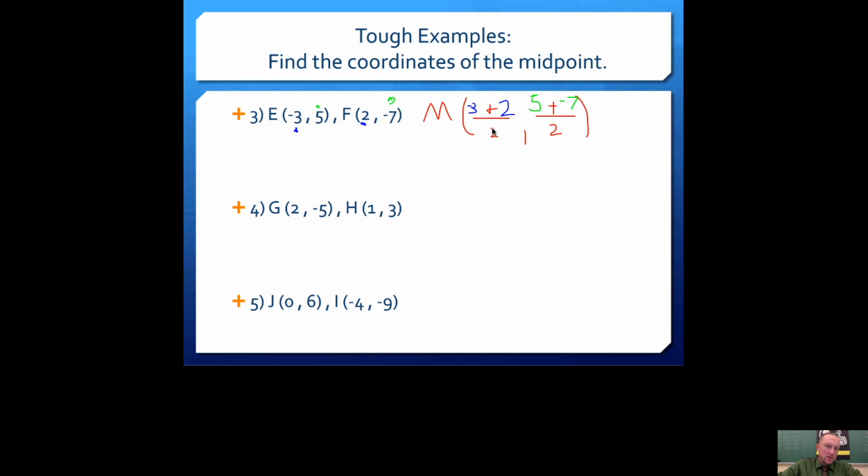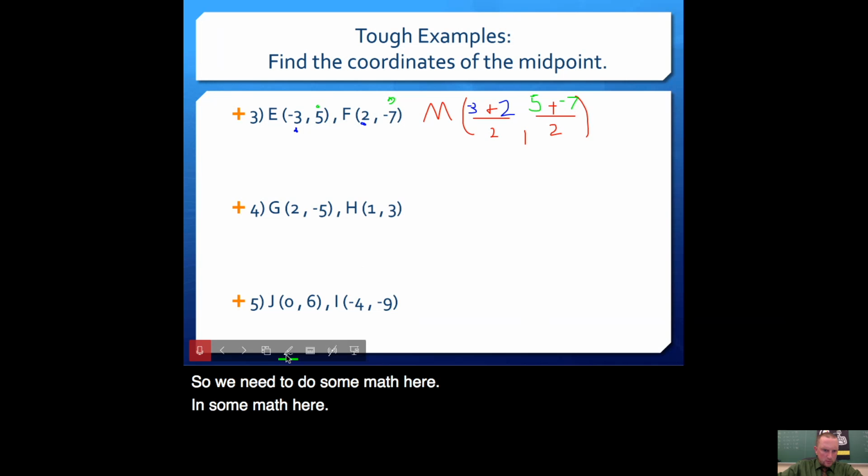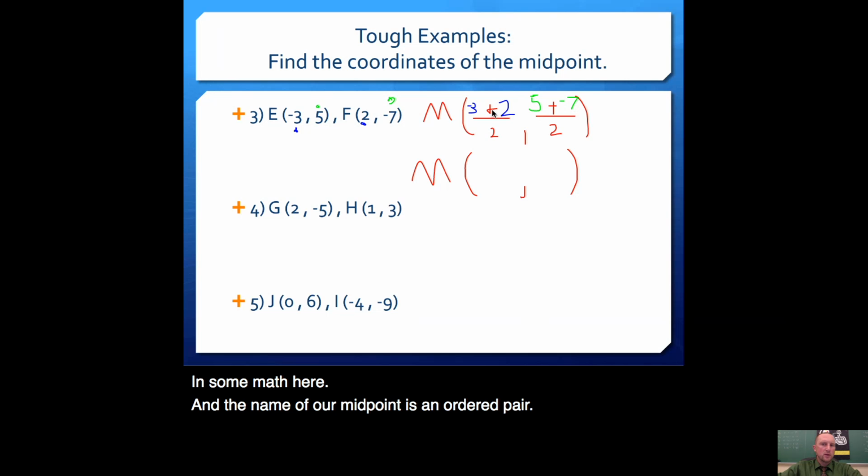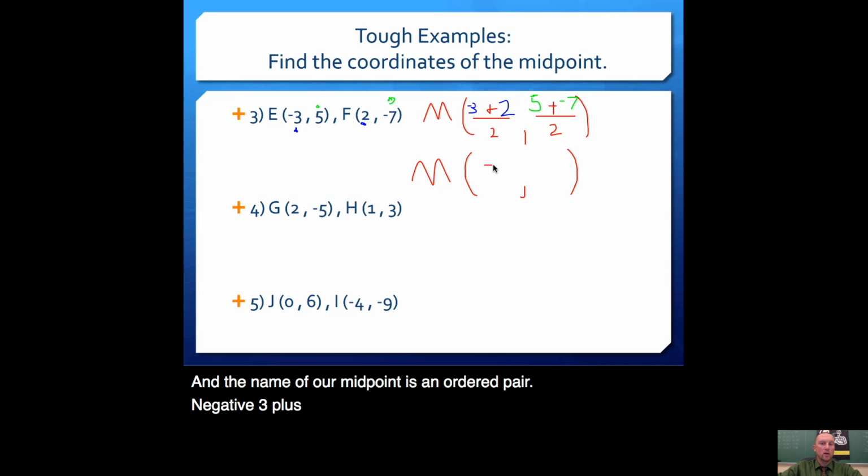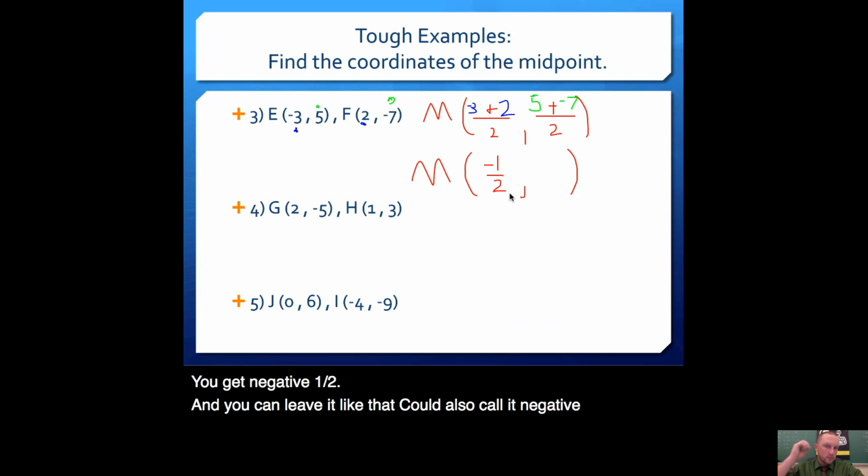So we need to do some math here and some math here. M's the name of our midpoint. It's an ordered pair. -3 plus 2 gives you -1. And when you divide that by 2, you get -1/2. And you can leave it like that. You could also call it -0.5 if you like.